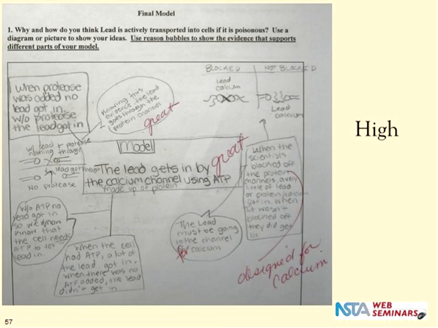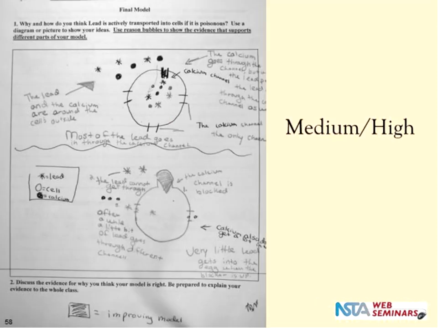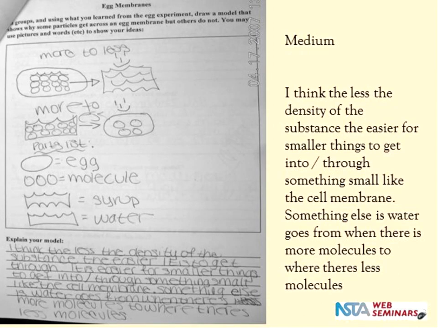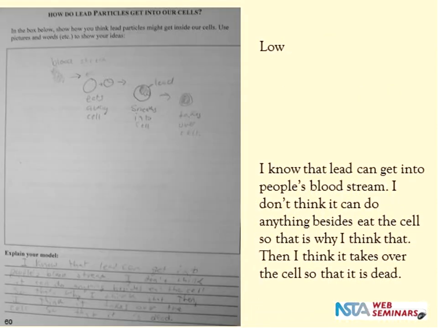The diversity of ideas confirms what we know from Taking Science to School, that in any given classroom, you're going to get a range of diversity in the abilities of the students to understand and communicate the ideas. And that's important to capture and to be able to work with as a teacher. And then finally, here's what we consider to be a low-level response to the lead particle question. And here's how the student has written about it.